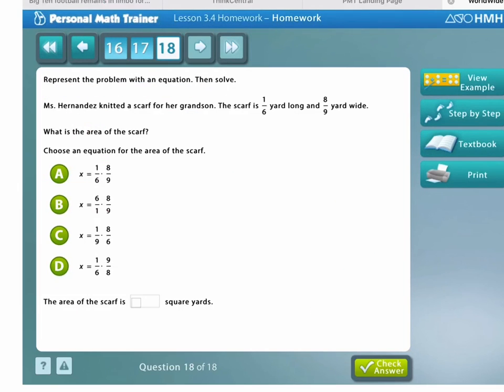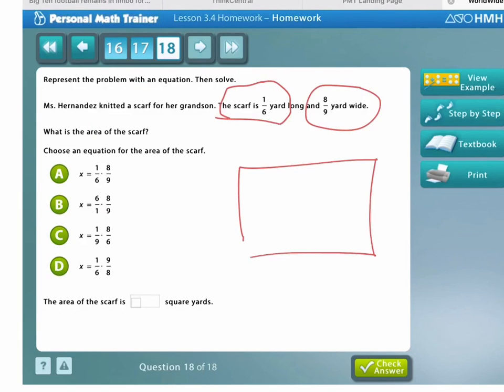And the final problem, we're looking for an equation. If a scarf is 1/6 yard long and 8/9 yard wide, what's the area? So we're going to do an area model. We have 1/6 this way and 8/9 this way. So if I was going to draw the area model, I'd highlight 1/6 red, and I'd highlight 8/9 blue.